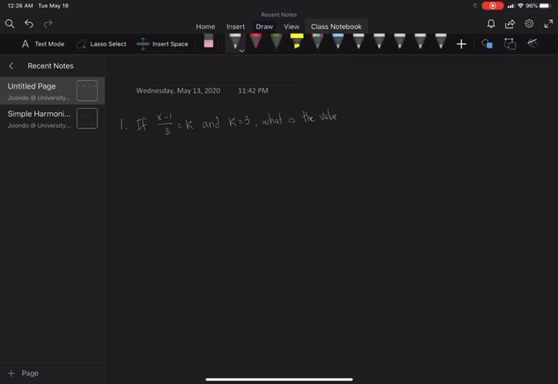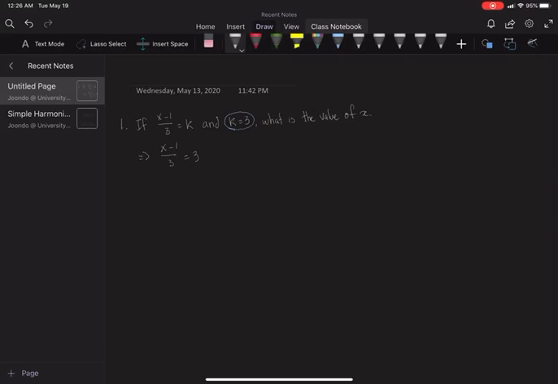This is a straightforward question. What we do is we plug in k equals 3. So we say (x minus 1) over 3 is equal to 3.